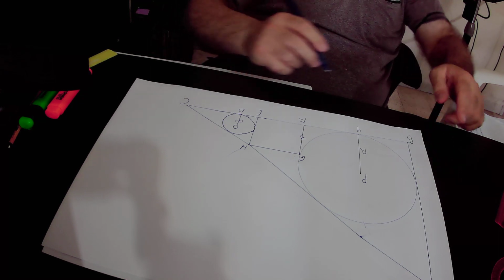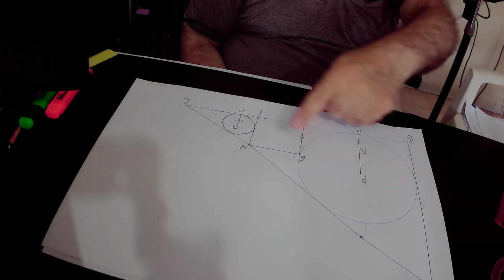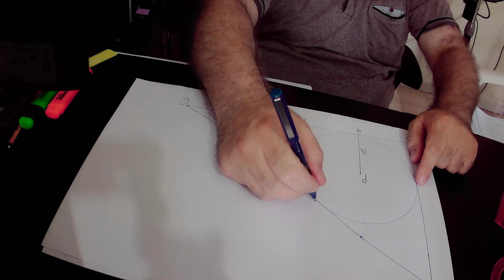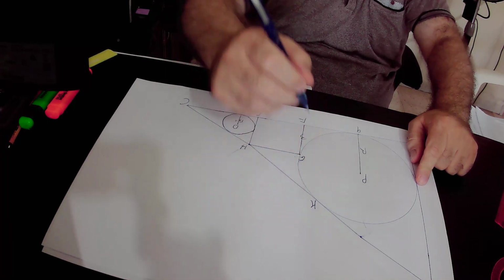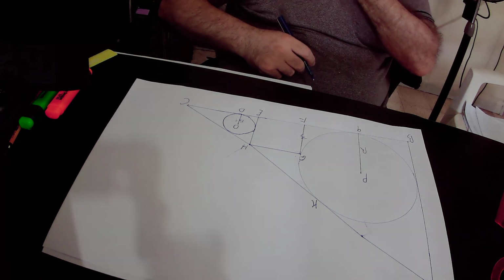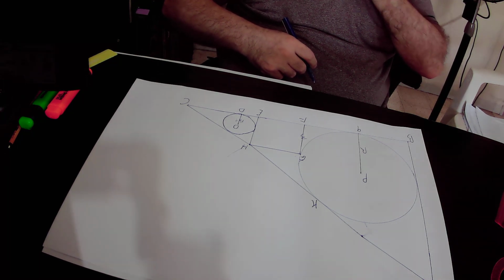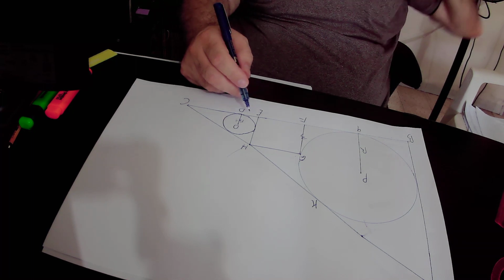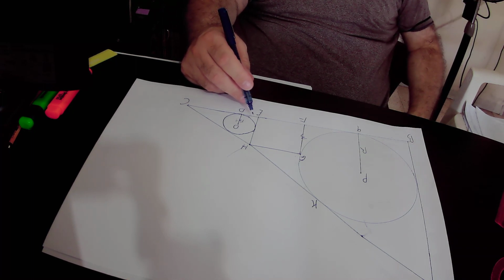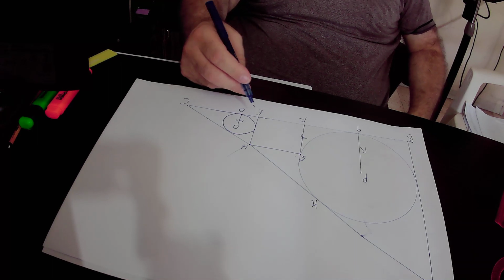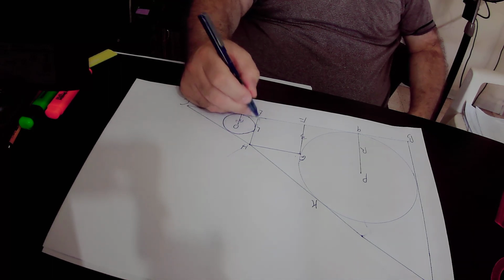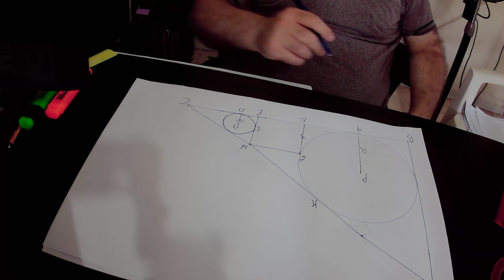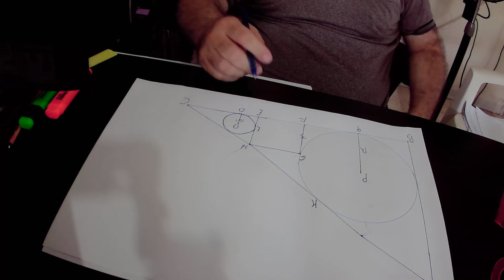We'll define the touching point of tangent AC with the big circle as K. And here we will define the touching point of the small circle with the square as L. We will join points O and L together by a straight line.